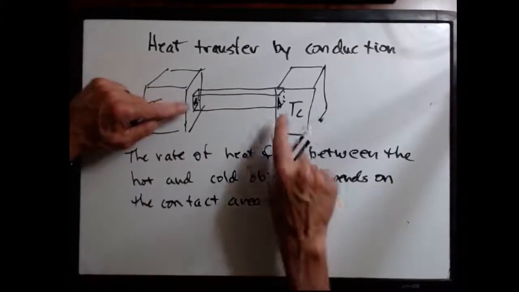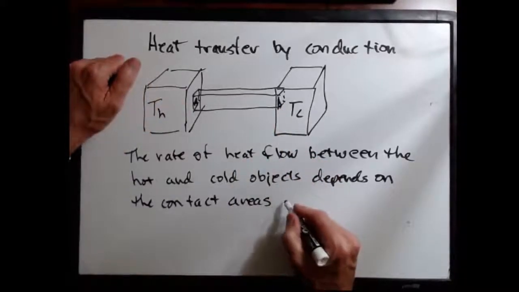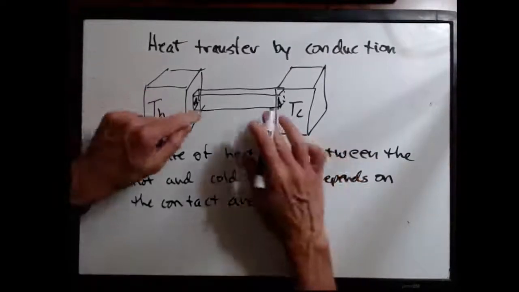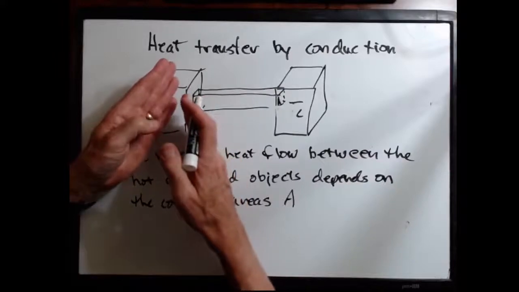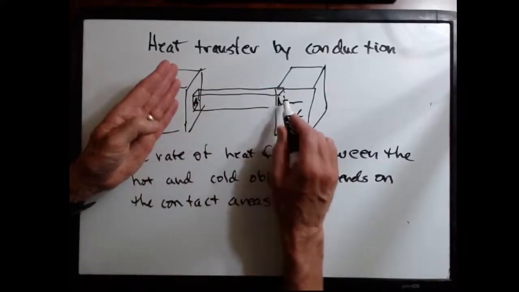For these discussions, we'll assume that those two areas are the same, A, right? So the heat's going to flow through this bar that connects the two, right? The heat's going to flow from the warm object to the cold object.